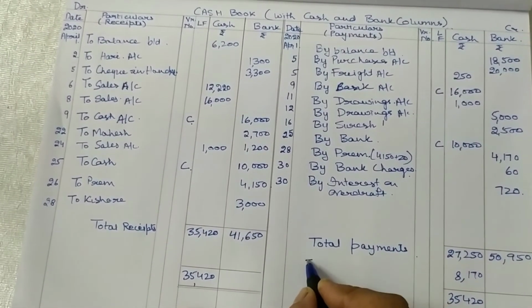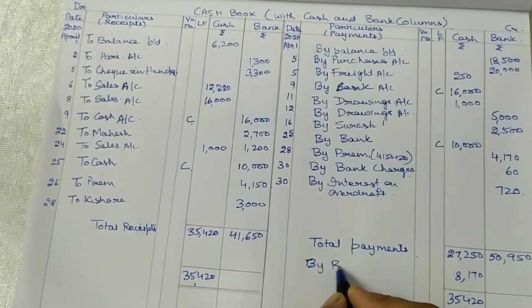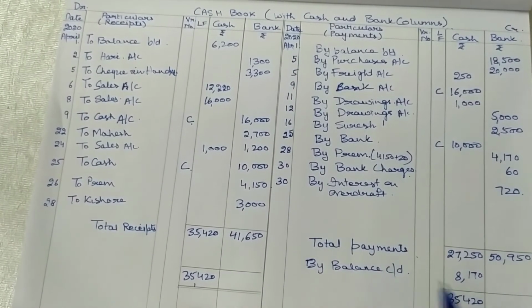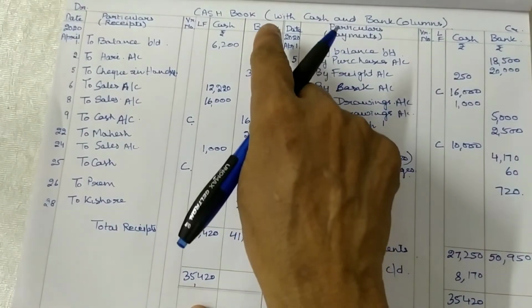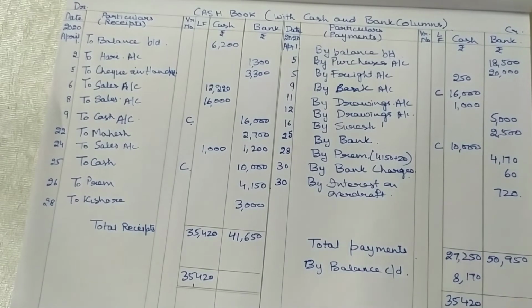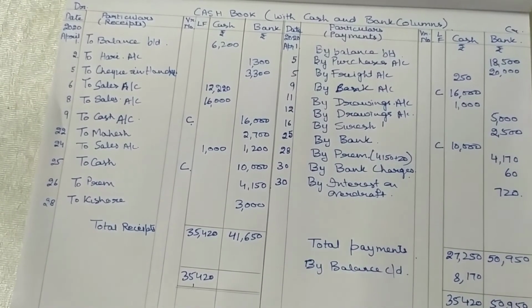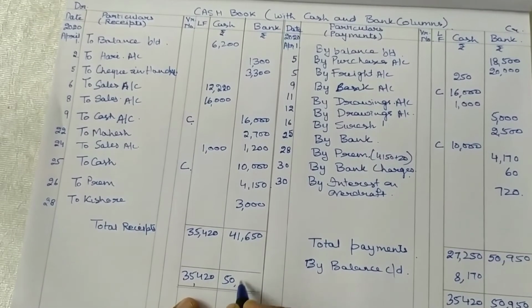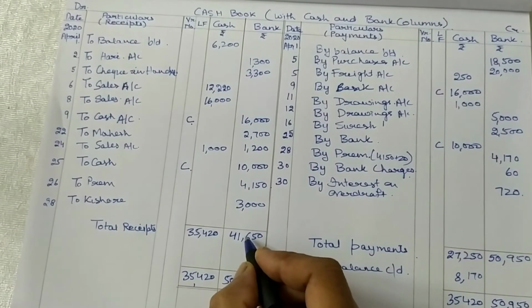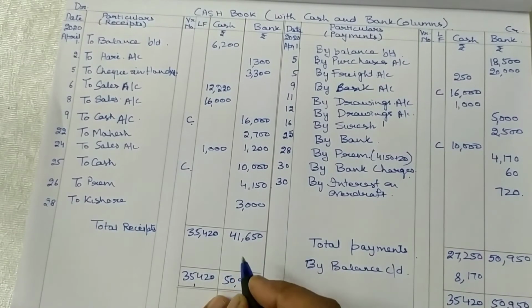This is by balance carried down. Okay. And in the bank column, this side is more. So you have to write 5,950 here. Then you have to subtract this from this.